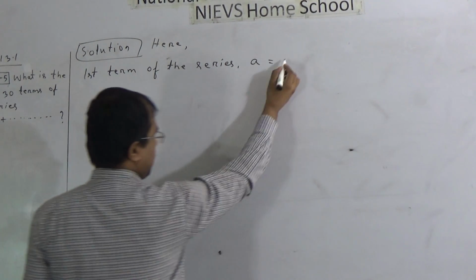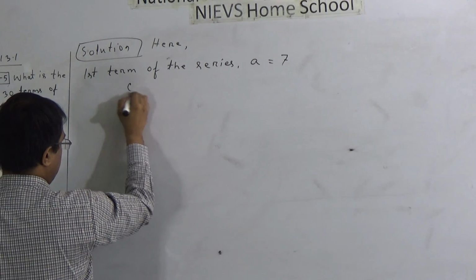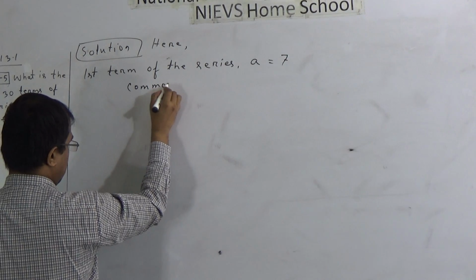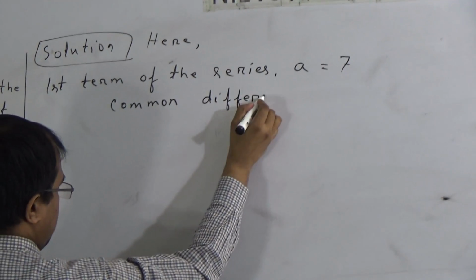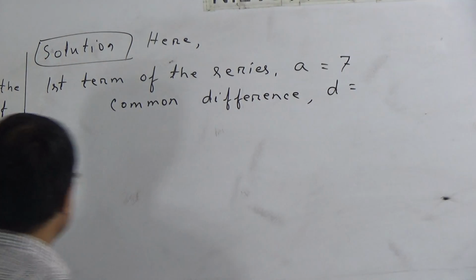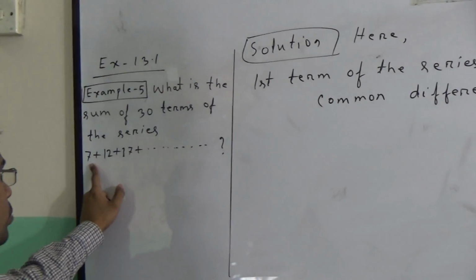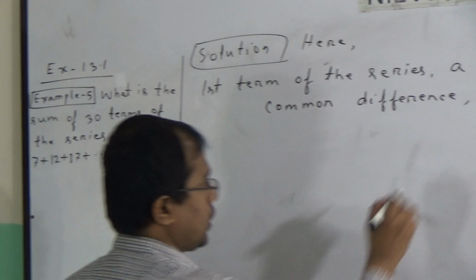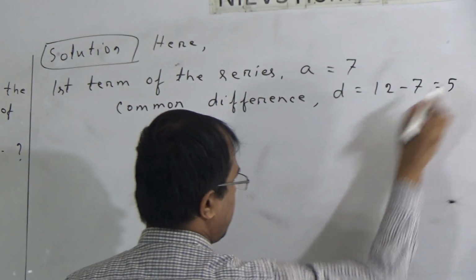Here the first term is 7. Common difference, we will denote common difference by d, and it will be 12 minus 7. Common difference will be 12 minus 7, that means 5.